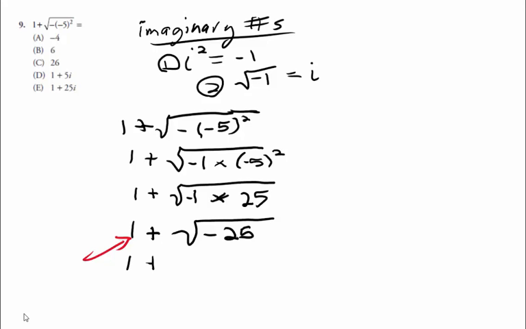1 plus the square root of, we're actually going to separate it again just so we can see how to do it. Let me change the structure here a little bit. So I'm separating them.